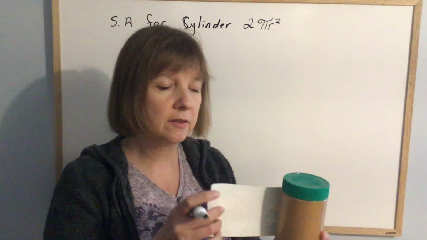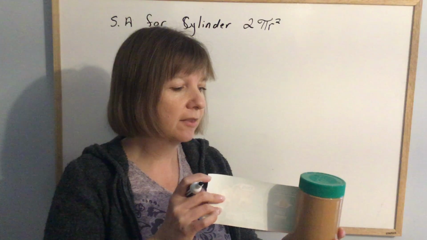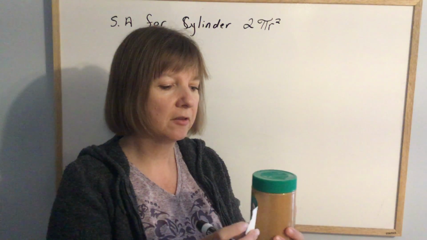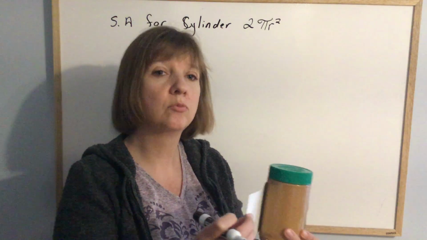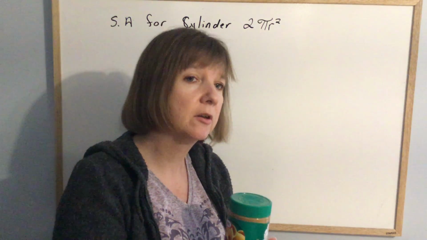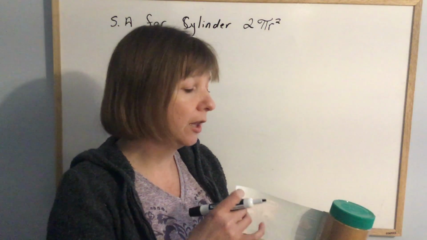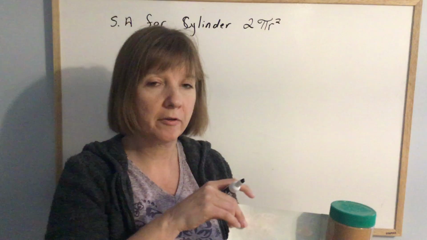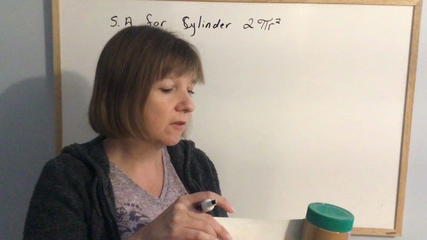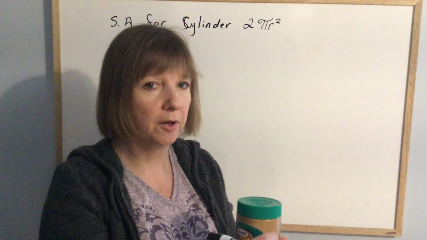But the length of this is actually the distance around the cylinder because the rectangle has to wrap around the cylinder. So the length of the rectangle, how far it is across when you unwrap it, is the same as the distance around the circle.